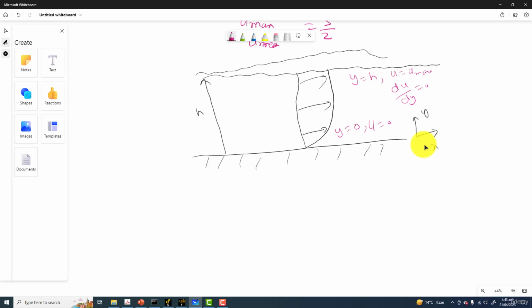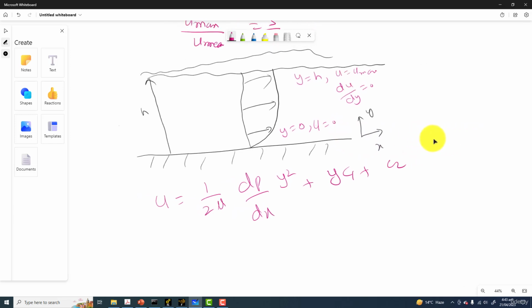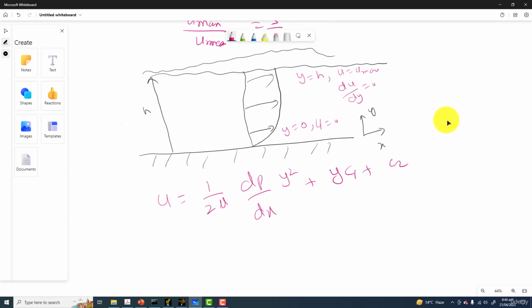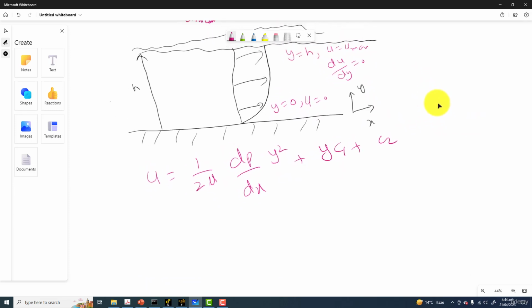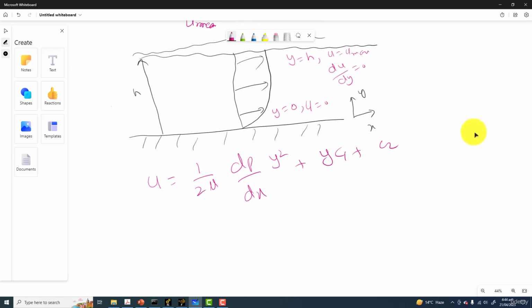Okay, so I will start from the previous case equation with the constants. That is 1 upon 2 mu dp by dx, y square plus c1 y plus c2. The only difference from the previous case is in these constants, because they depend on boundary conditions, which are slightly different.